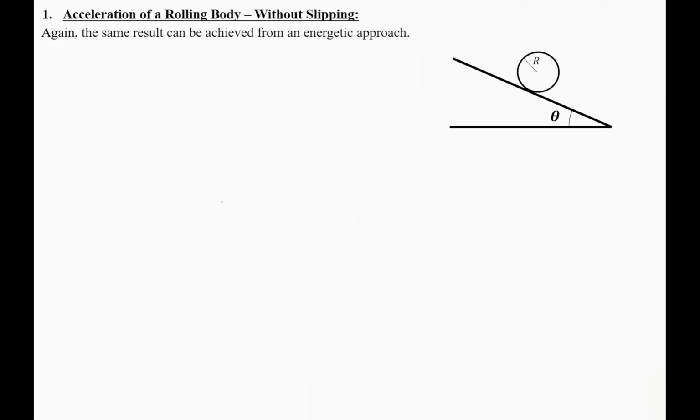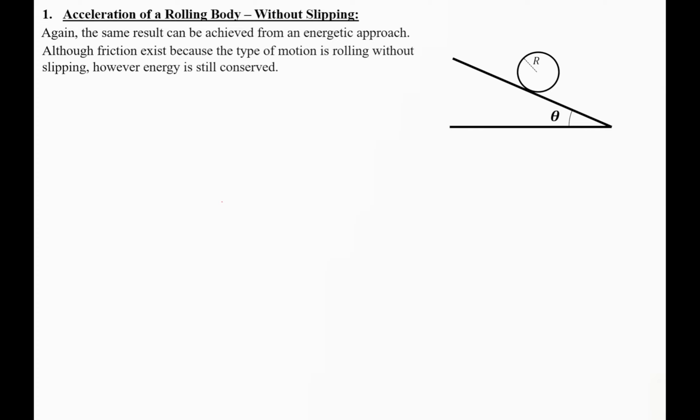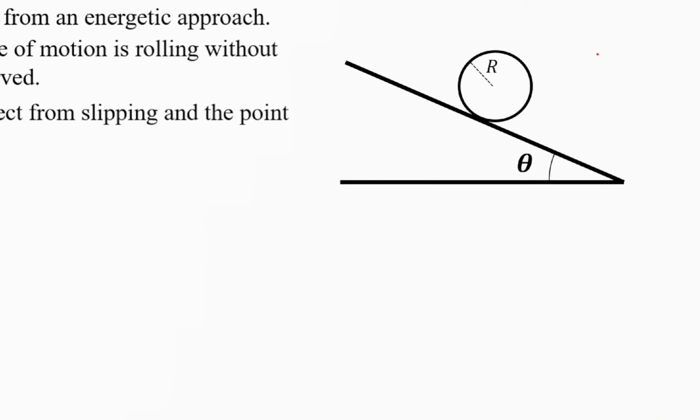Again, the same result can be achieved from an energetic approach. Although friction exists because the type of motion is rolling without slipping, energy is still conserved, and this is very important. So what is the role of friction here? Friction prevents the bottom of the object from slipping, and the point of contact is not displaced, and this is very important. Now, we stressed previously that as this object is rolling, this point is momentarily at rest, and it's not being displaced.